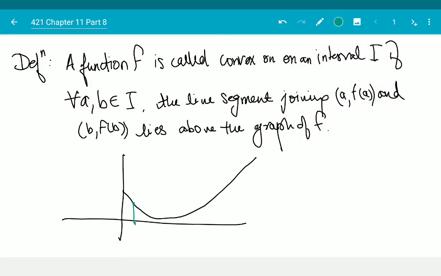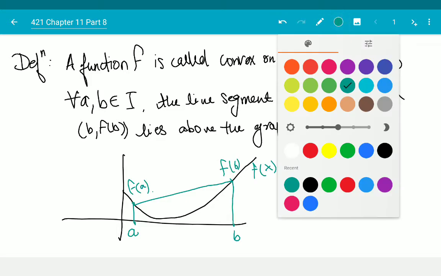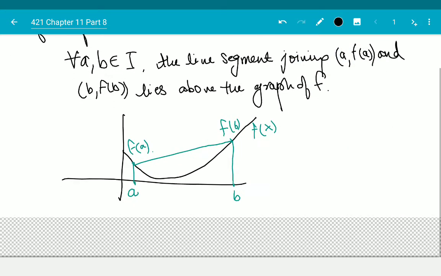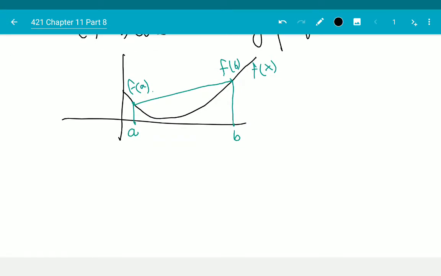I take point a, b, f of a, f of b. And in a picture, I can say, okay, this is what it means by lying above, but what does it mean in a general, proper mathematical sense?